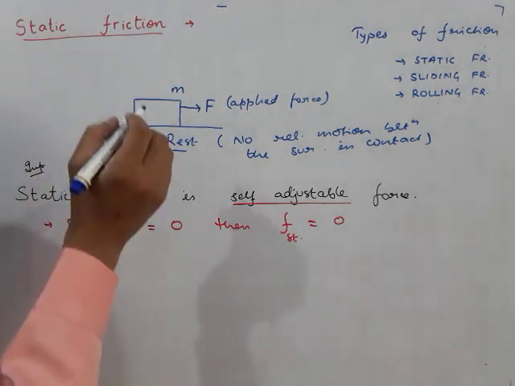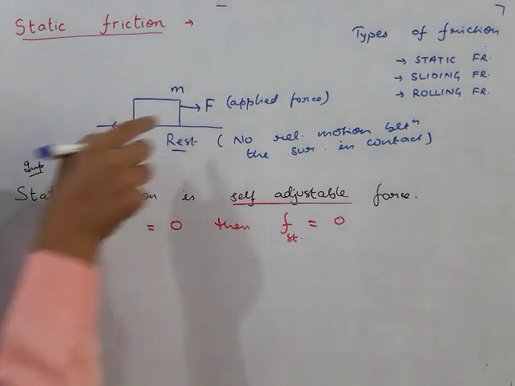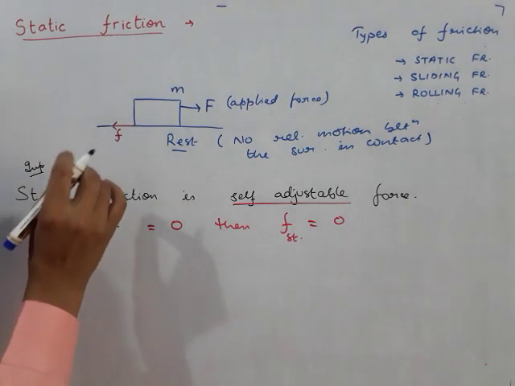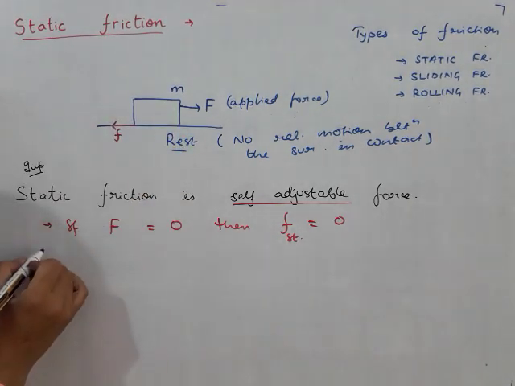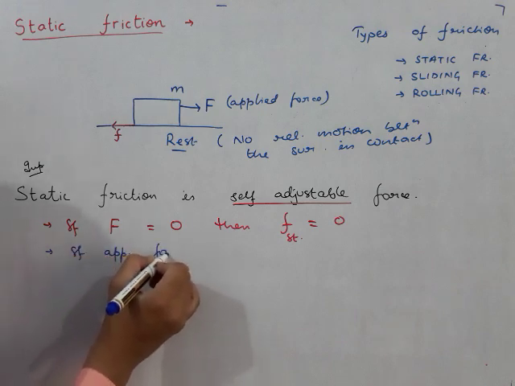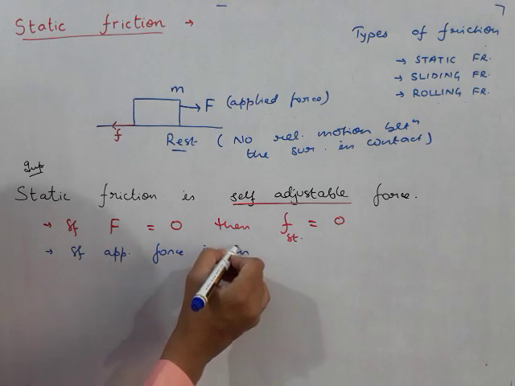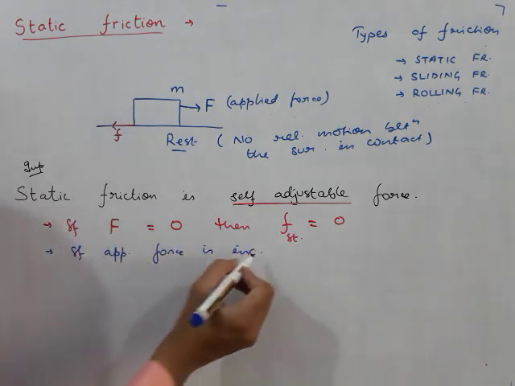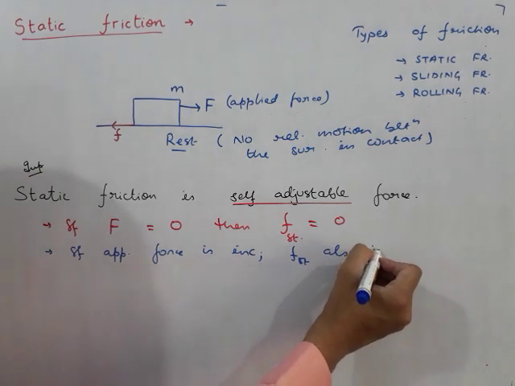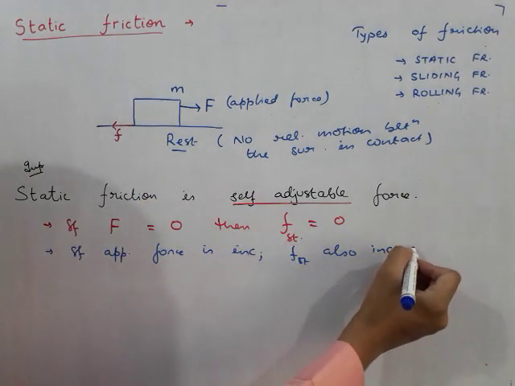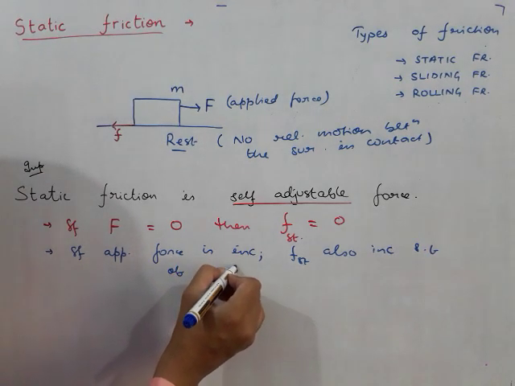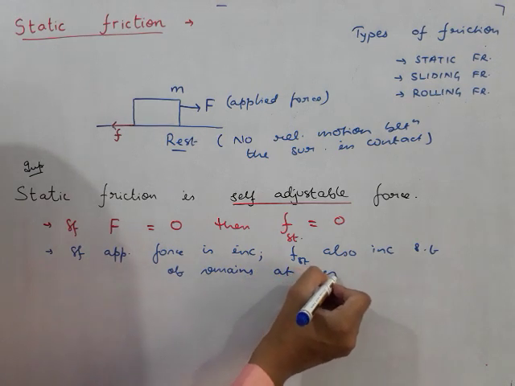So what I told, if you go on increasing the value of applied force, the frictional force also increases its value and reaches a maximum value. These are very important. If applied force is increased, static friction also increases such that the object remains at rest.